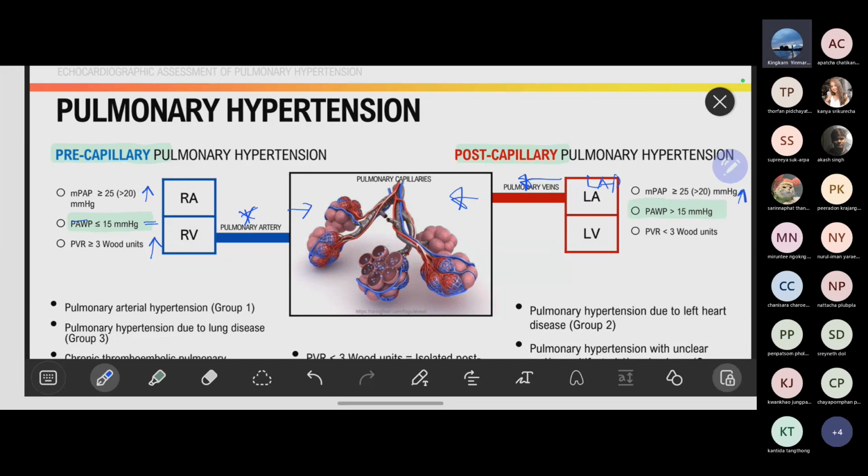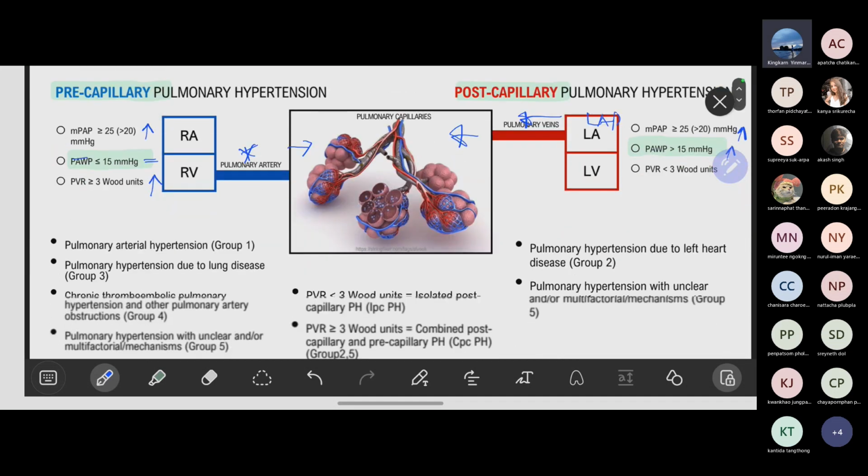In post-capillary pulmonary hypertension, the hemodynamic definition includes increased mean pulmonary artery pressure and increased pulmonary artery wedge pressure. And this group, post-capillary pulmonary hypertension, includes group 2 and group 5.